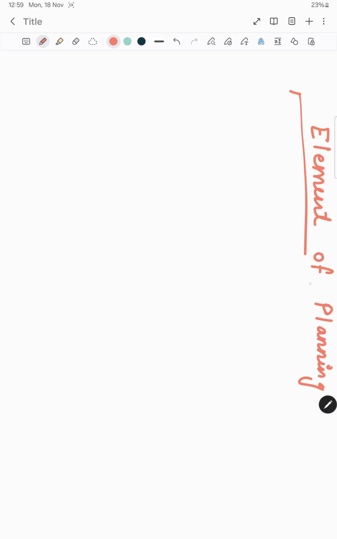So the other part is we'll start with elements of planning. Elements of planning has two parts.